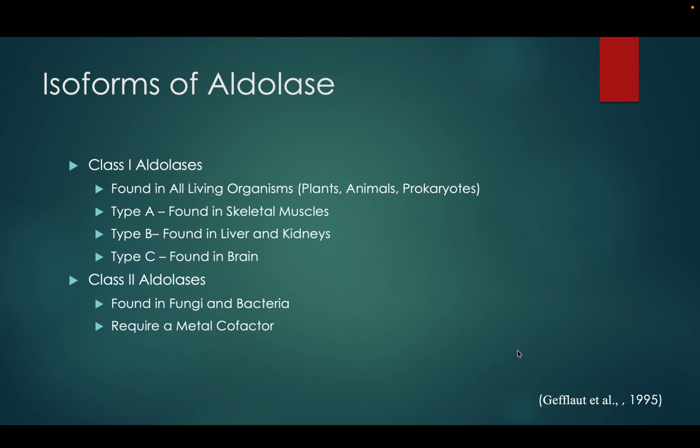And finally, type C is found in the brain and also in other neurological tissues. These enzymes also have different functions. For example, type B is able to break down fructose as well as participate in glycolysis and glucogenesis. The other two types, A and C, are unable to process fructose.